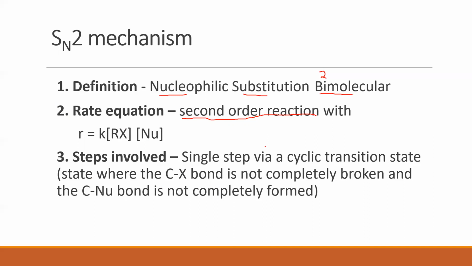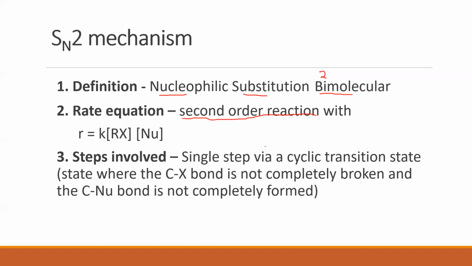Clear? So you will understand all that when you do chemical kinetics. Right now, just remember this. The moment you understand the rate equation, order and all in chemical kinetics, you will be able to understand what you mean by bimolecular, what you mean by second order and all in SN2.